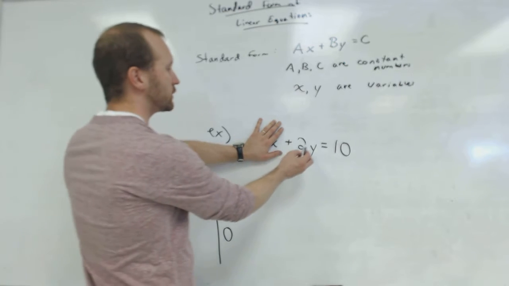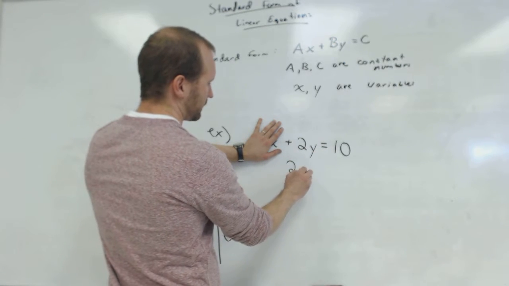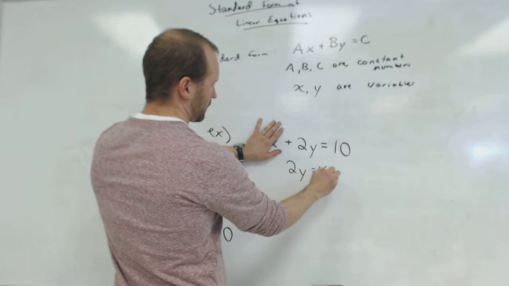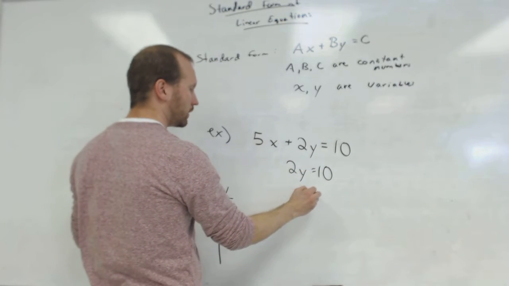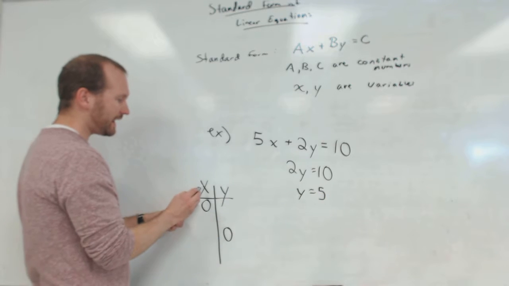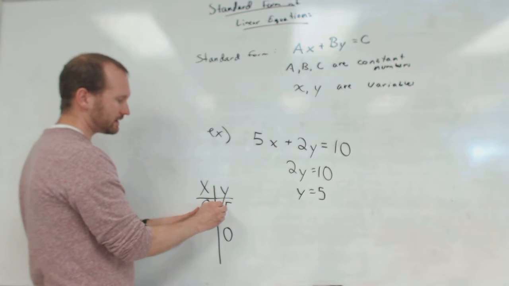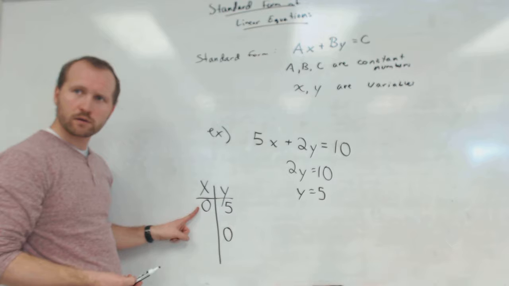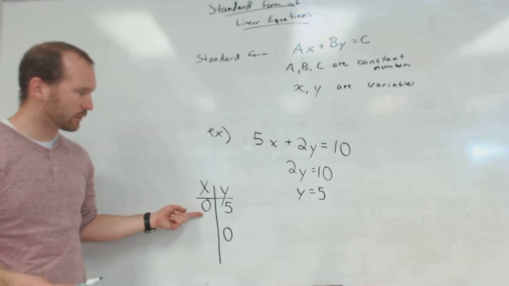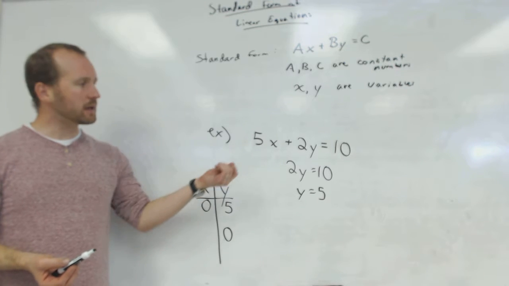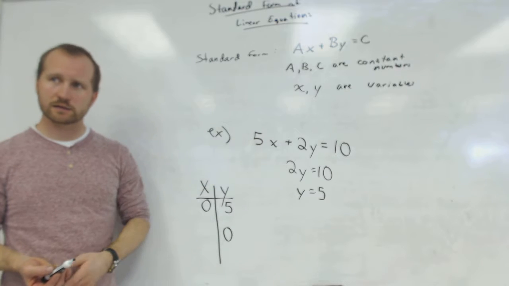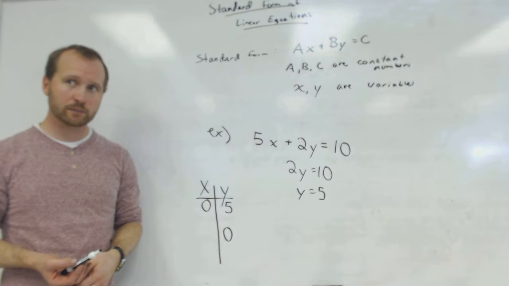And we're solving 2y equals 10. So then it would just be 5. So y would equal 5. So when x is 0, y is 5. That's the whole reason that we find these intercepts, because it makes these problems really, really easy to solve. It's just one step to solve them.